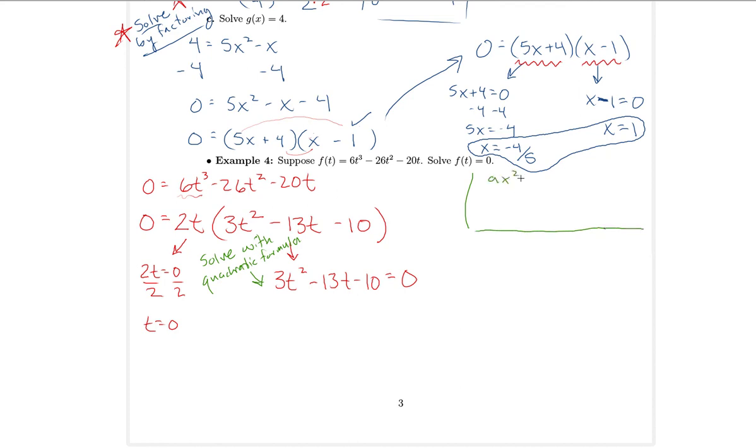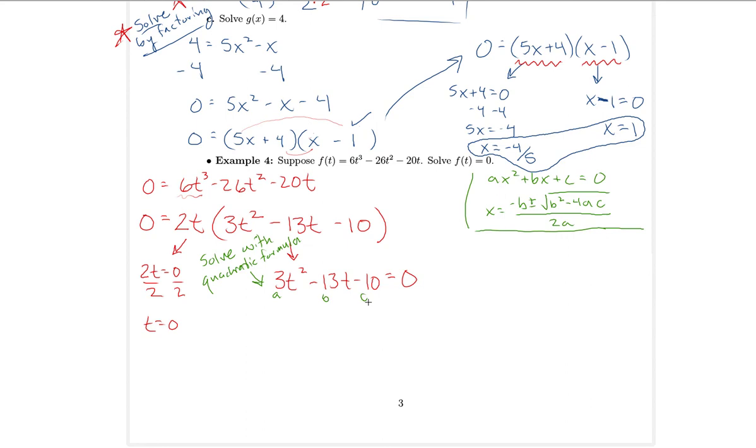If you have ax squared plus bx plus c equals 0, then your solutions are x equals negative b plus or minus the square root of b squared minus 4 times a times c all over 2a. All right, so we can apply this here, recognizing this is a, this is b, and this is c.